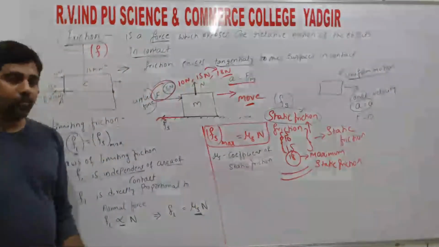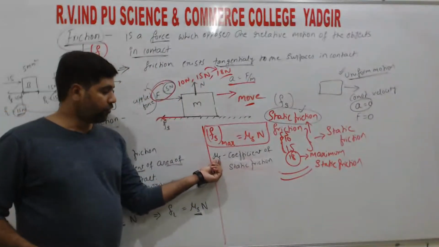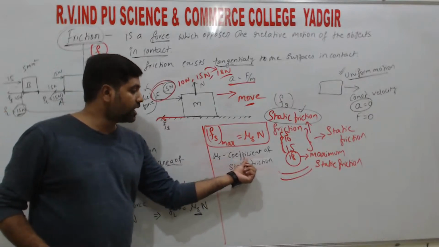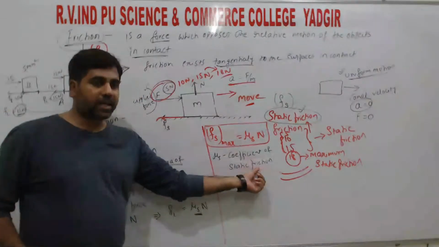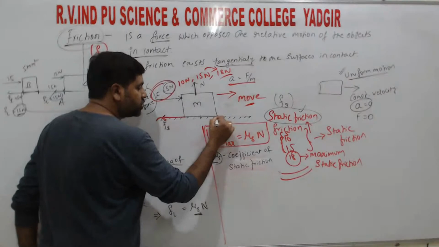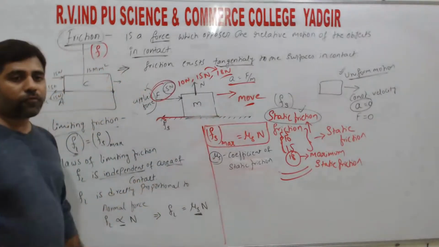Where mu is a symbol and the suffix s represents what? Static friction. Where mu s we call the coefficient of static friction. So this value depends on the nature of the surface of contact.